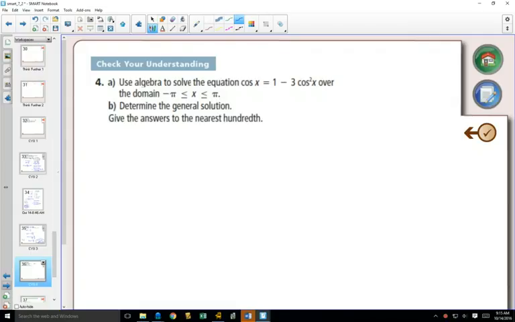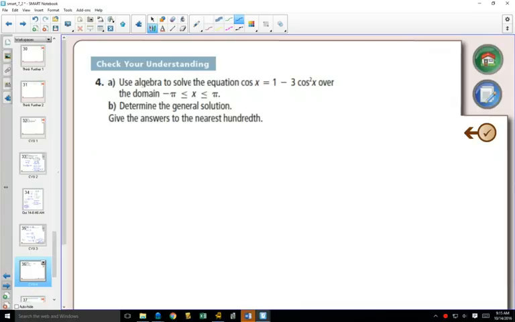Hopefully we can factor, because factoring is the fastest way to solve it. But if you can't factor, you'll have to go to your quadratic formula or use completing the square. For most of you at this time, if you can't factor it, you'll probably go to the quadratic formula.